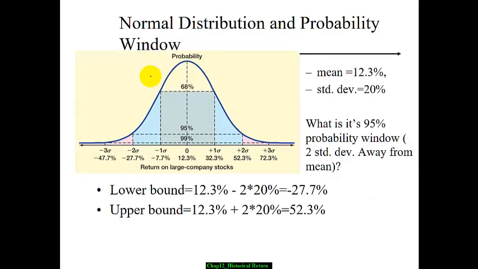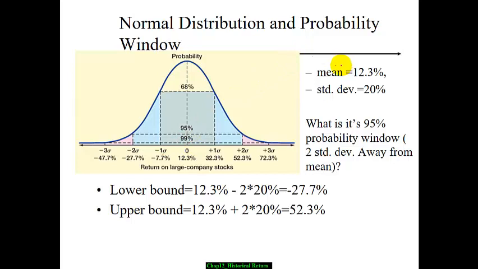So this is our typical famous normal distribution and the three probability windows. One standard deviation away corresponds to the one-third probability window. 2 standard deviations away from the mean means the 95% probability window. Then we also have 3 standard deviations away for the 99% window.